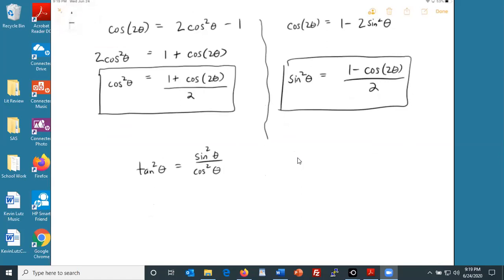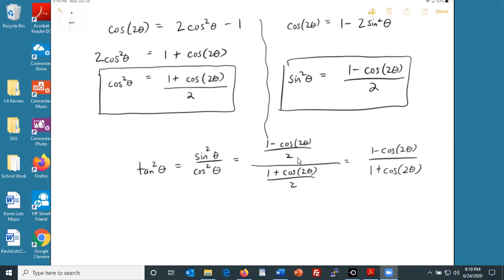If we make a little substitution here, we get sine squared is 1 minus cosine of 2 theta over 2, over 1 plus cosine of 2 theta over 2. Those 2's cancel, and I get 1 minus cosine of 2 theta over 1 plus cosine of 2 theta.